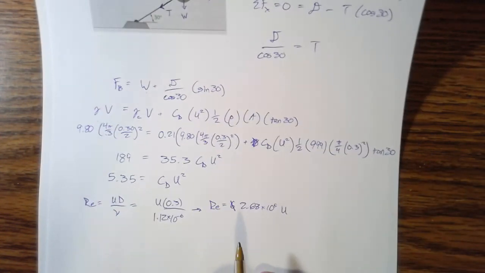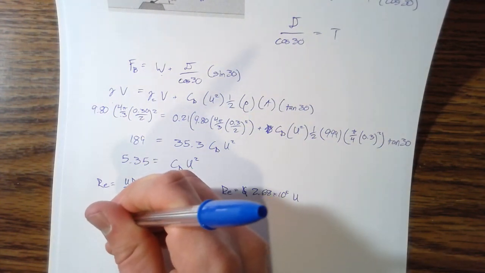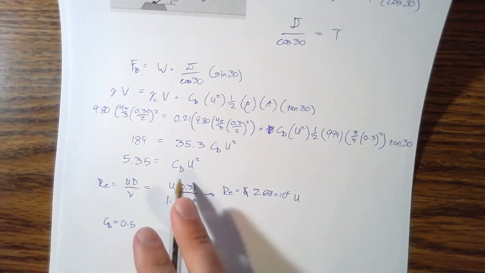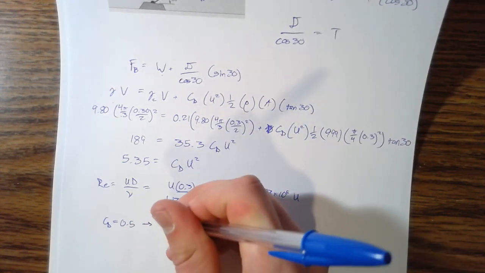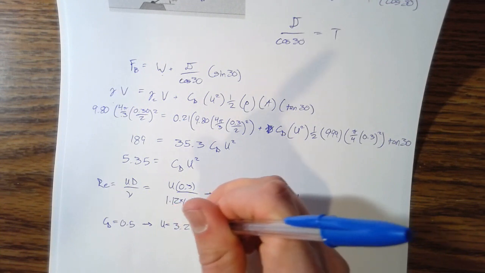So how we're going to go about this is we're going to pick a drag coefficient, guess, and then work from there. So first one that we'll guess CD is 0.5. And if our CD is 0.5, we solve for U up here, and what we get is 3.27.